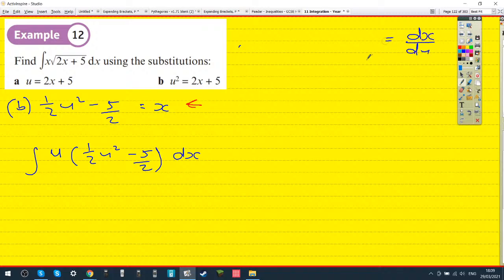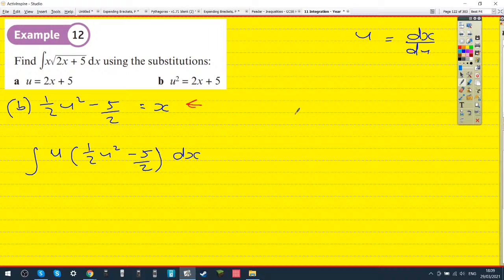So will that just be 1? Derivative of a half u squared. Oh, sorry, that'll be u.